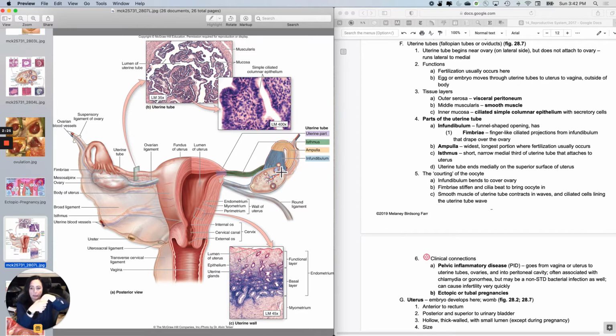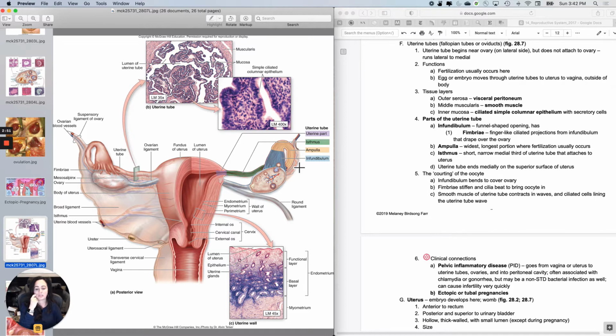The hand portion is called the infundibulum, and the fingers are called the fimbriae, which actually means fingers. These are like projections that fold and drape over the ovary, especially when your progesterone levels are high.